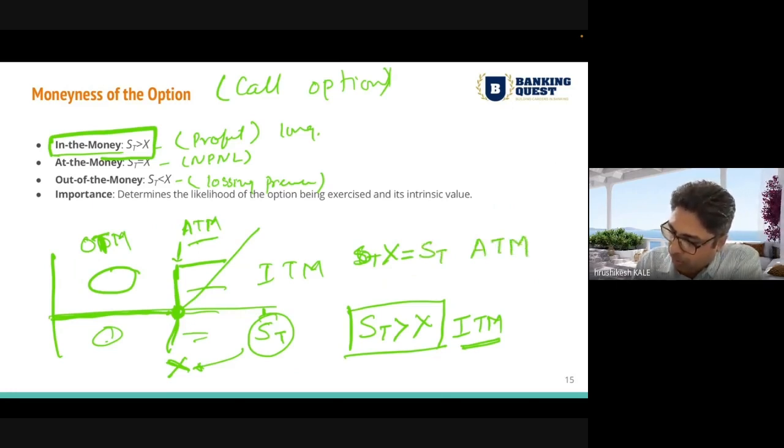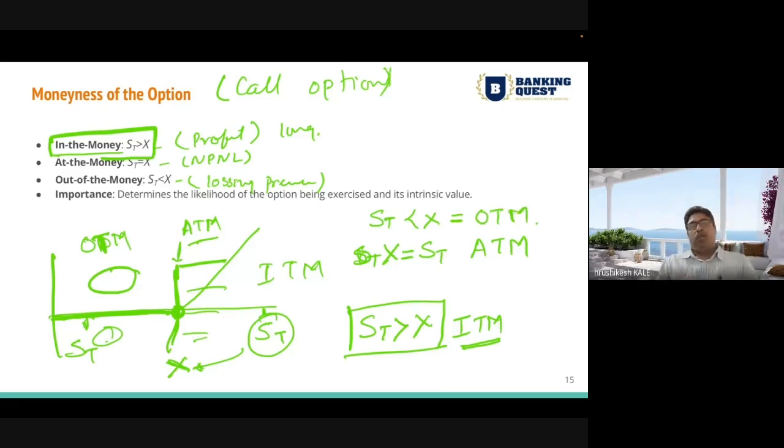And when today's price is less than the exercise price, then you are out of the money. Now, this is from the call option point of view. If the long position is in profit, then you are in the money. If the long position is not in profit, then you are out of the money.